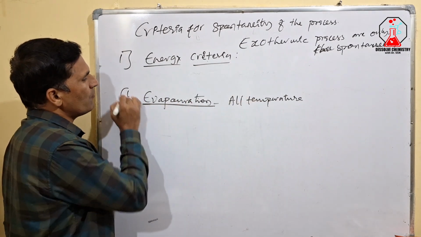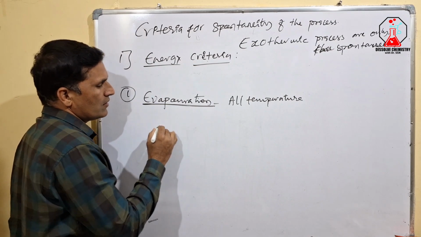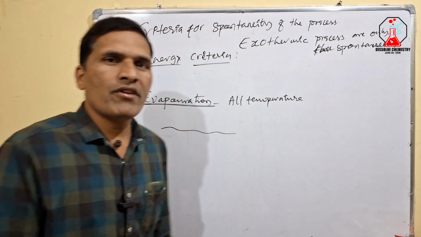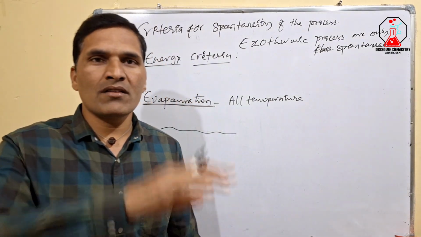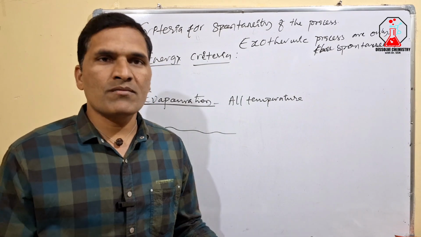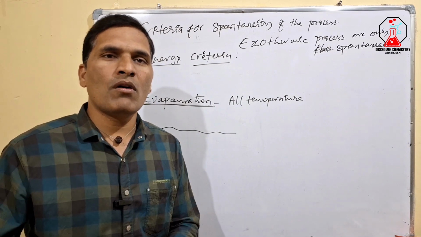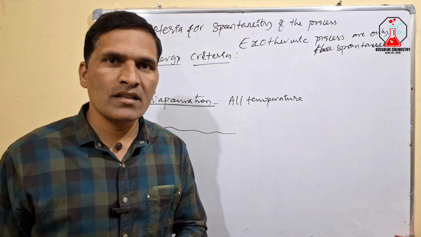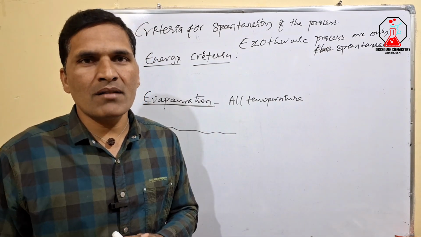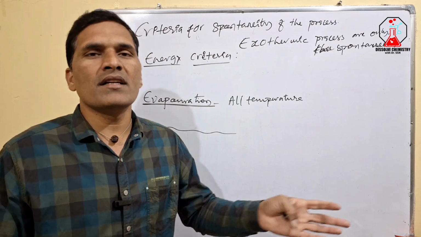So evaporation of water. You might have studied the water cycle, where water evaporates from water bodies like a river, pond, or sea water. Are we maintaining the temperature at 100 degrees Celsius? No, but still it is evaporating.